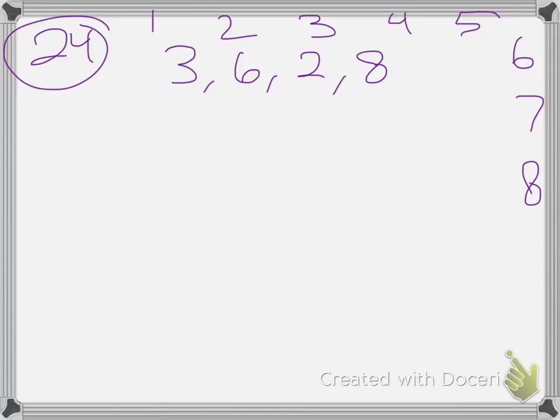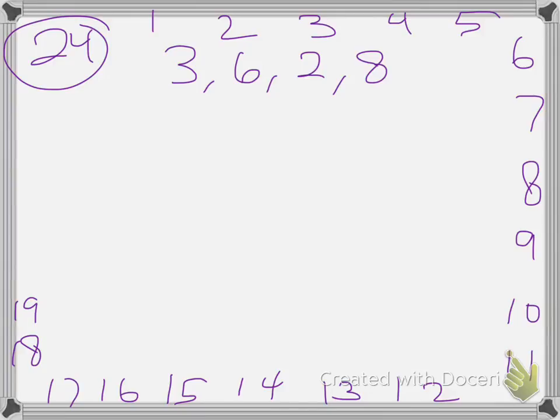So if you want to write the numbers 1 through 24 all the way around your paper, and every time you get one you just cross it off, that would be awesome. Okay?